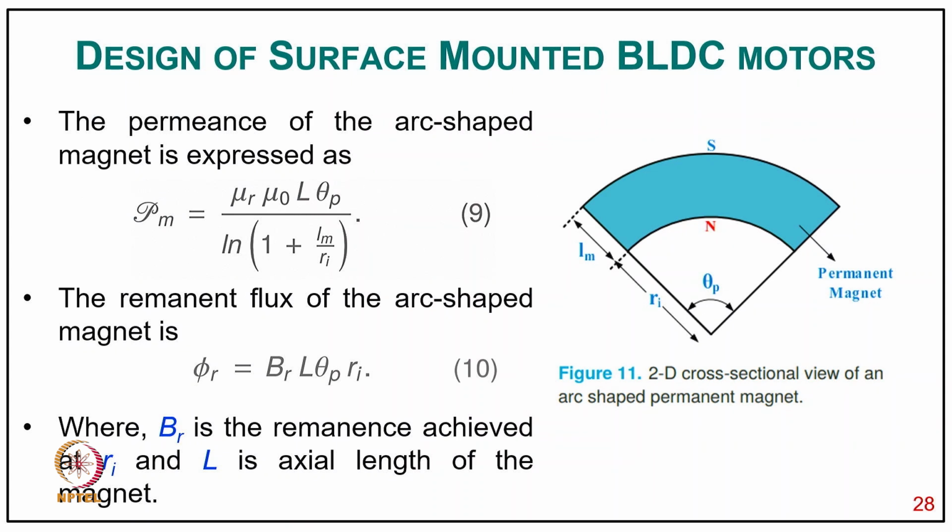The permeance of the arc shaped magnet is expressed as rho_m equal to mu_0 mu_r into L into theta_p divided by the logarithm of 1 plus L_m upon R_i, and the remnant flux of the arc shaped magnet is phi_r equal to B_r L into theta_p into R_i, where B_r is the remanence achieved at R_i and L is the axial length of the magnet, as you can see in the figure.